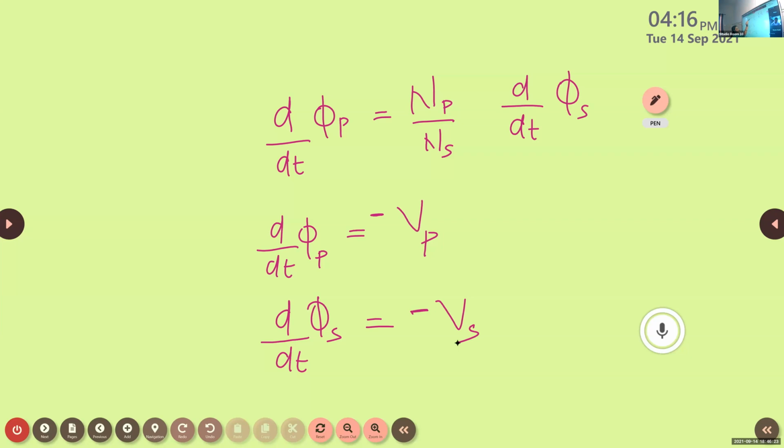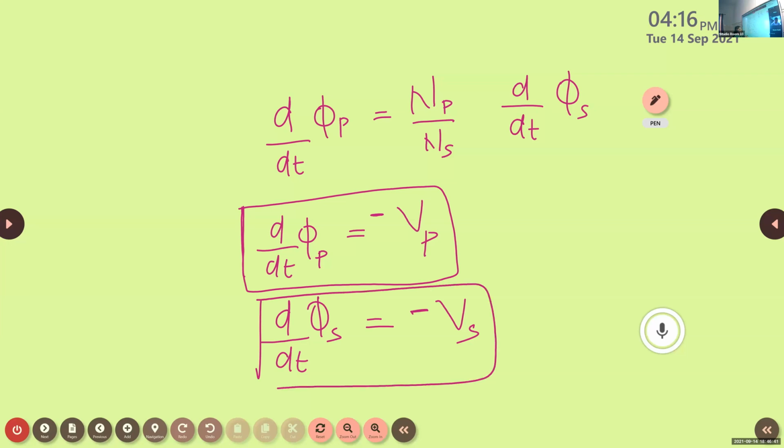By Faraday's law, the rate of change of magnetic flux will be equal to the induced EMF of that circuit. So here d phi p divided by dt is equal to minus Vp. Similarly, the rate of change of magnetic flux associated with the secondary coil is given by the induced EMF of the secondary coil, that is minus Vs.